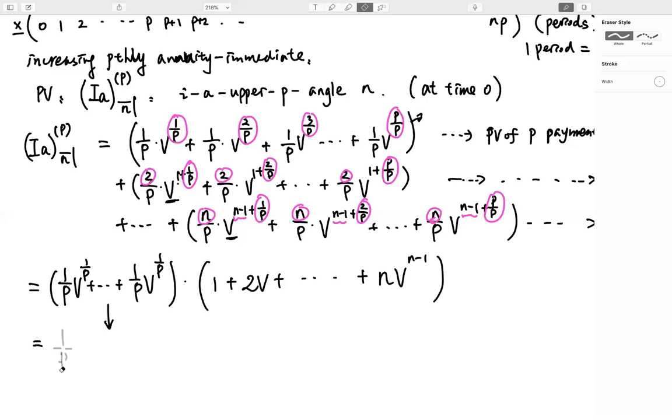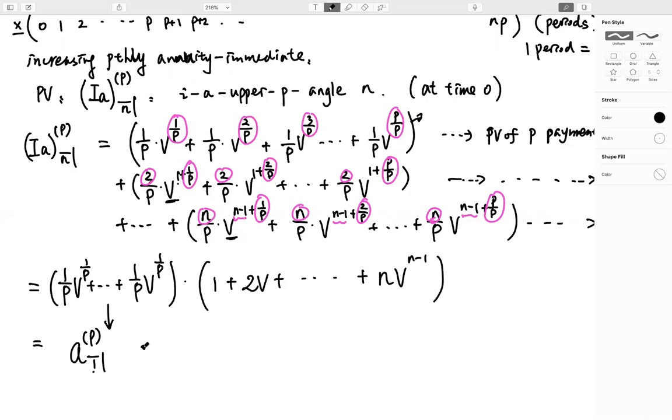From there we can already know, if you factor out 1 over p, what you can see is exactly what we just started with. It's a standard annuity immediate with pthly payments, and the payment is actually 1 for 1 year. So that's why here it's angle 1, because I only want it for 1 year.